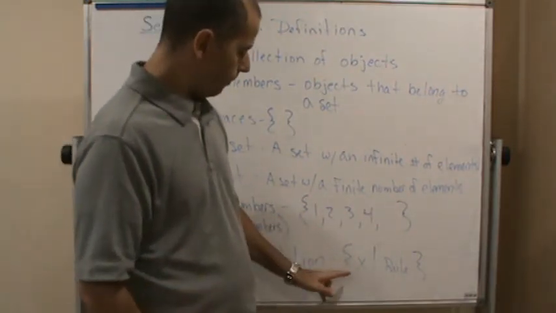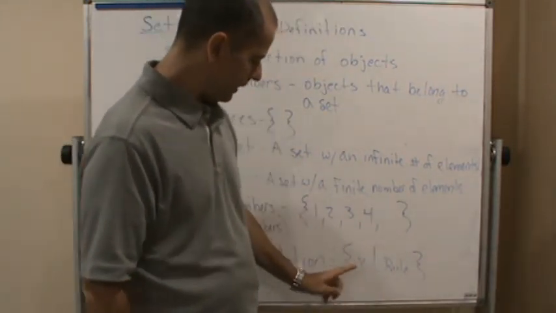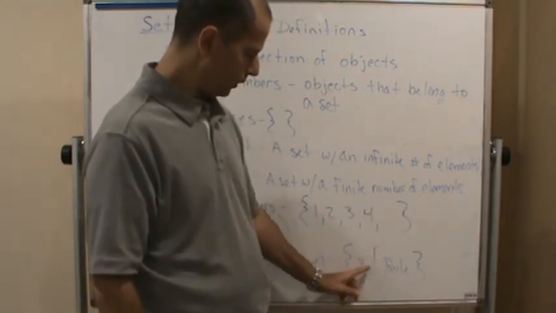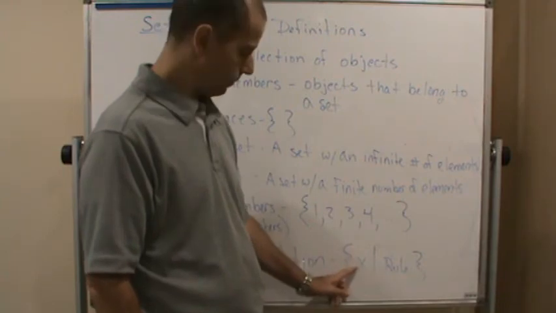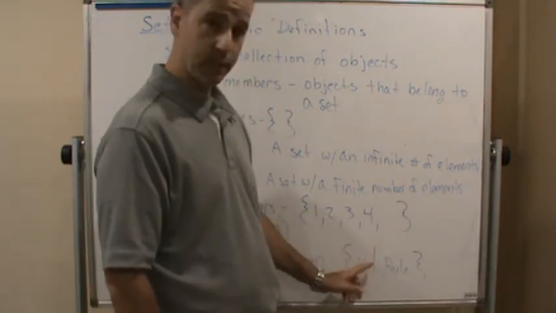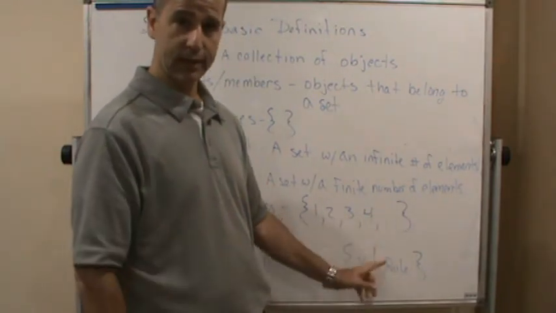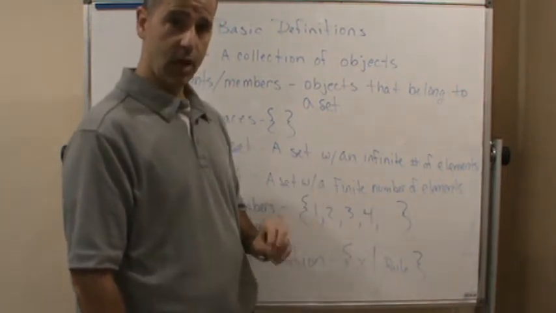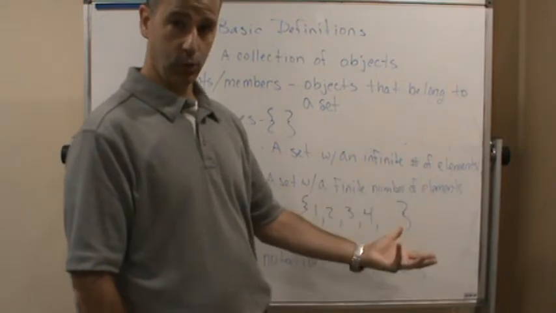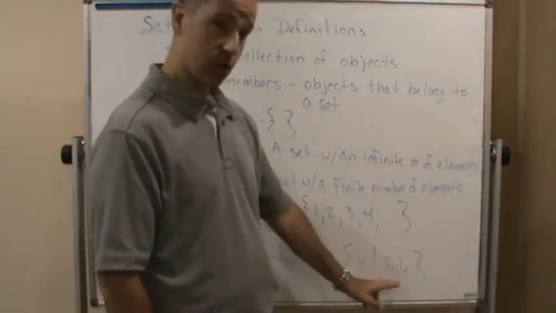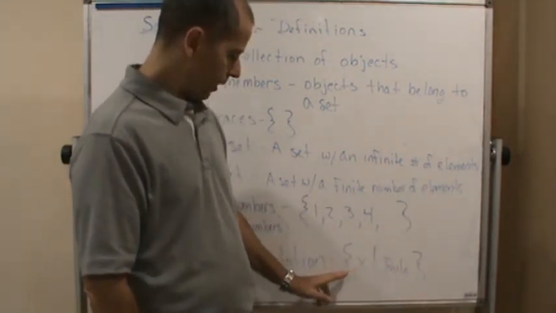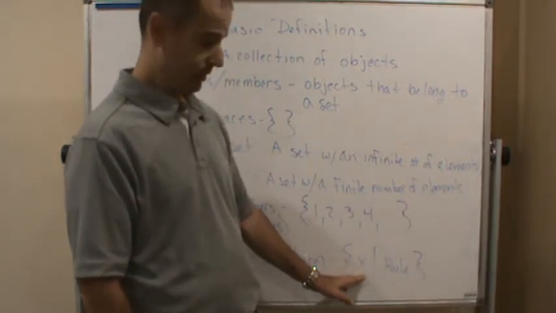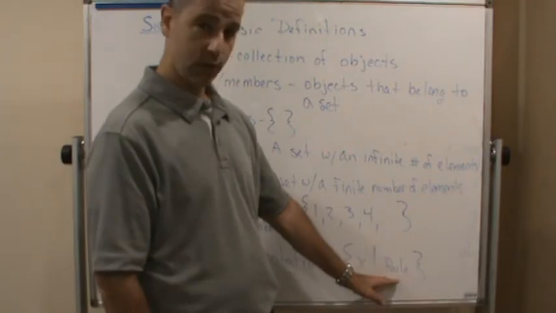So inside here, the way we read this is, the set of all x, and this vertical line, and sometimes you'll see it as a colon, but it's either a vertical line or a colon, means such that the following must be true, which is the rule. So we say, I want the set of all objects x such that, and then the rule.